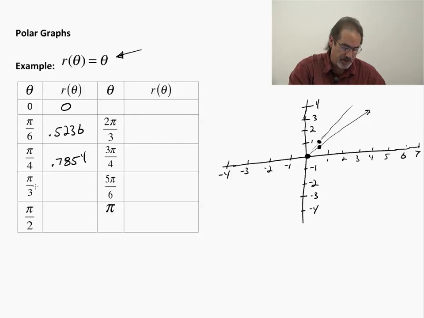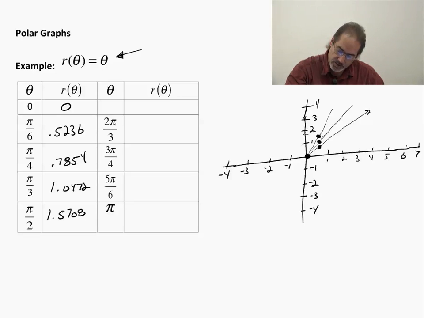At pi over 3, the radius will be 1.0472. So at a third of a pi, I'm just a little bit bigger than 1. At pi over 2, pi over 2 is 1.57-ish. I'm going to be roughly here. I can see this graph starting to develop.